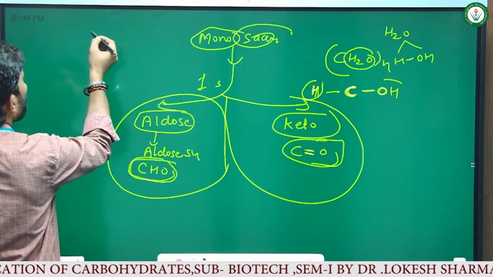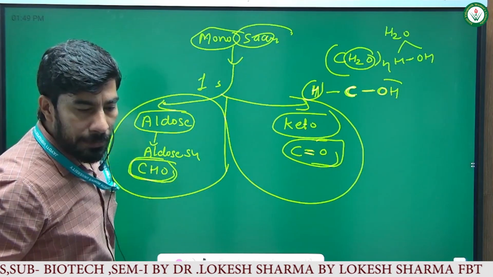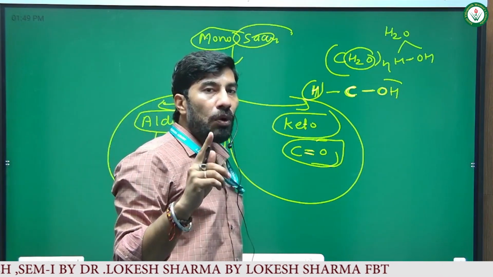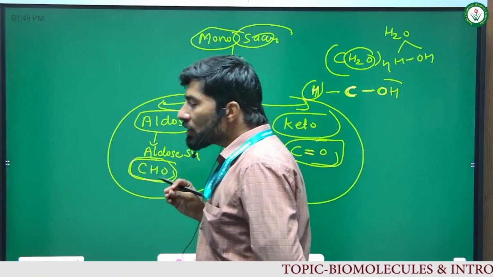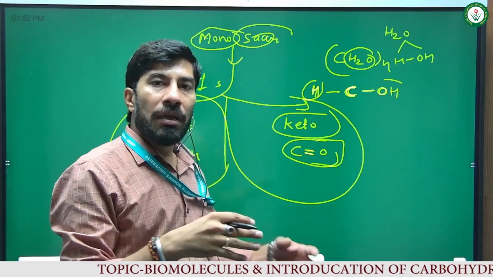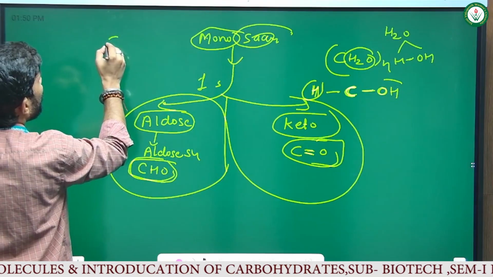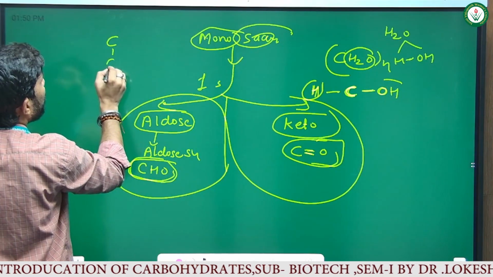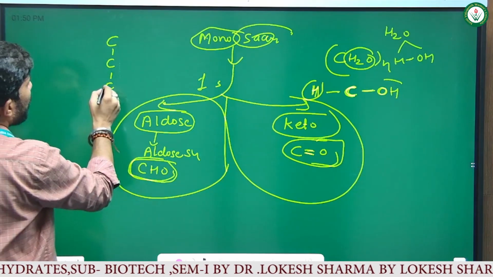In the carbonyl group, generally the first monosaccharide does not come from one carbon only. So basically in biological systems, we can make artificial saccharide units in the laboratory, but in monosaccharide generally there are 3 carbon units in nature.